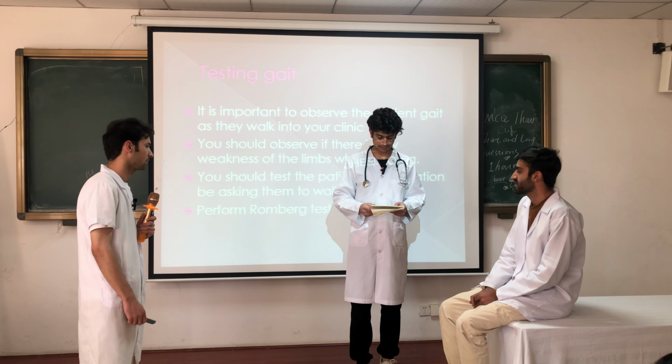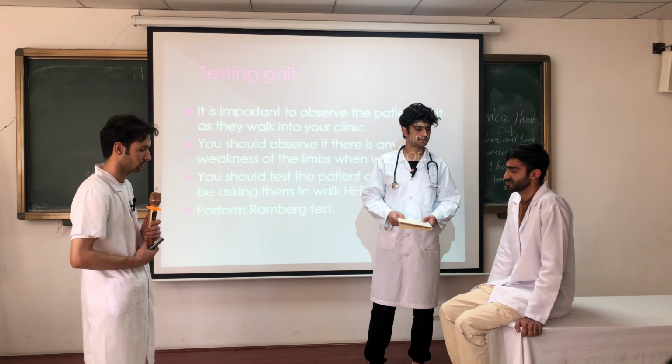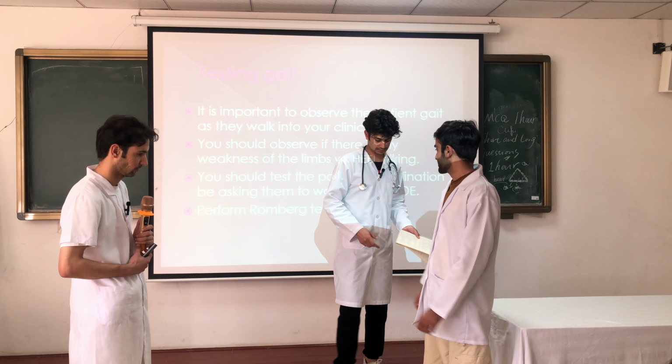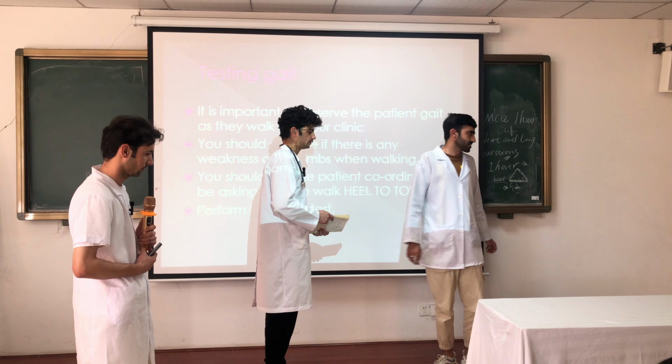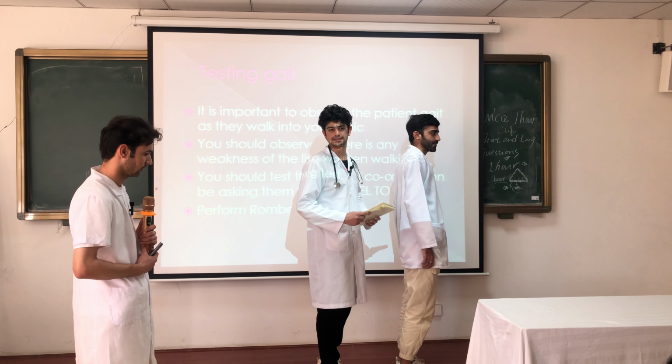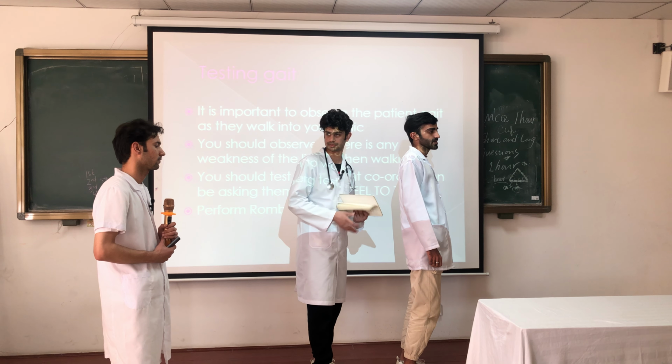Now we're going to perform another test. That is the Romberg test, for balance. We check the balance of our patient. Can you stand for me? Come this side, face the wall. When performing the Romberg test, you must stand behind the patient because we don't know whether he's normal or not.